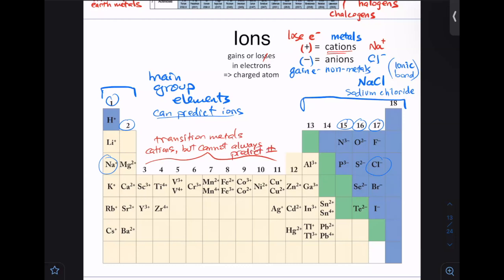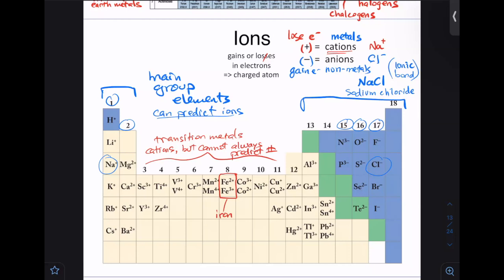Now, when we get there, I might show you a couple of examples of how we can explain why, for example, Fe, what does Fe stand for? Iron. Everybody knows Fe is iron. Iron can form a +2 cation and a +3 cation. And when we get there, after quantum theory, I'll give you a little insight as to how that may happen.